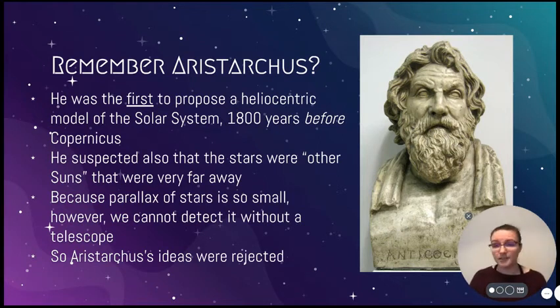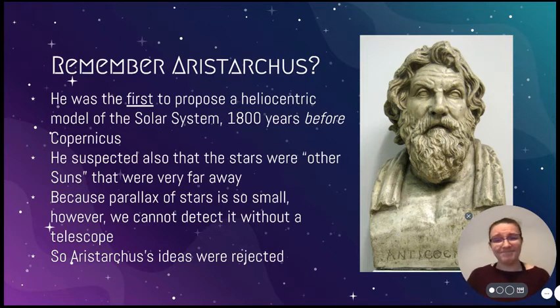Years and years and years before anybody else was saying it, Aristarchus in ancient Greece in the year 300 BC suggested that the sun was at the center of the solar system. He also said that the stars, those bright lights in the sky that the Greeks were connecting the dots with, were other suns. He thought that the sun and the stars were the same thing, which turns out he was right, and that they were all really, really far away.